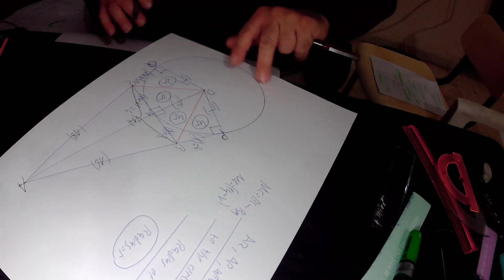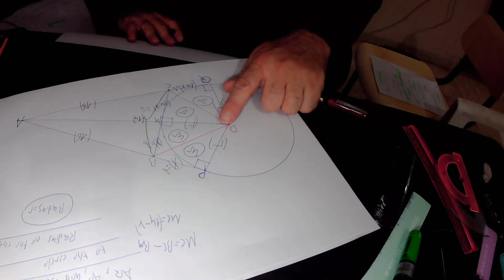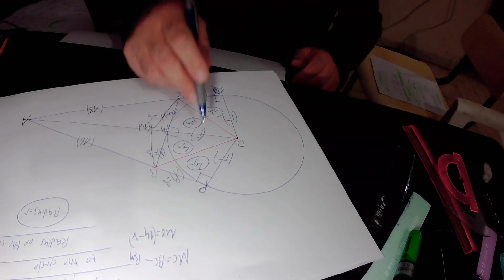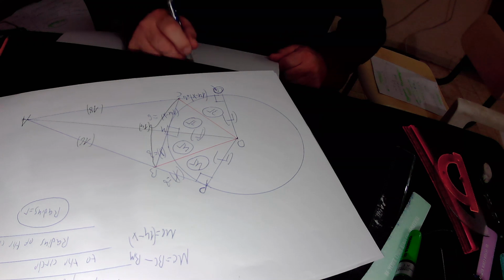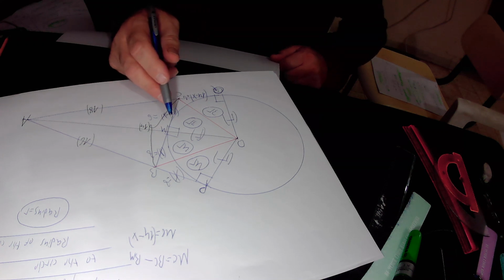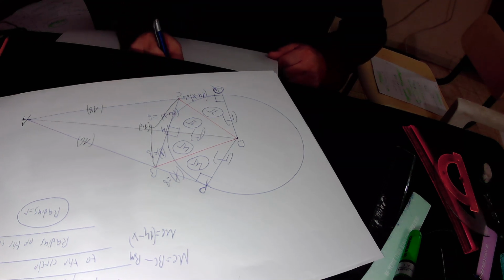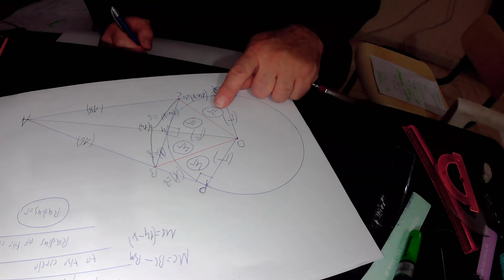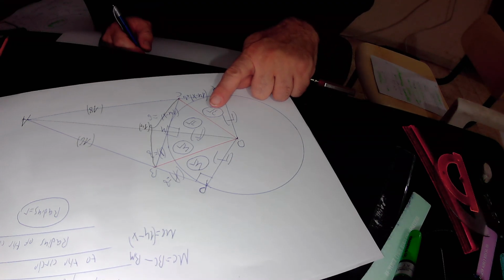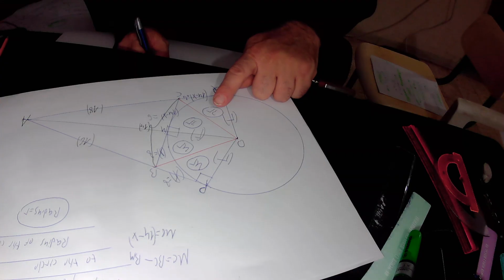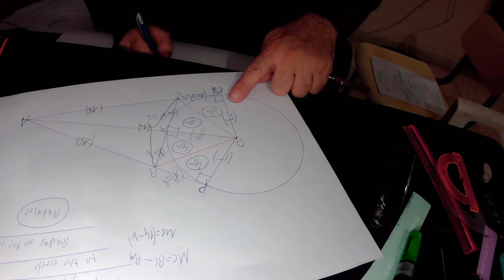Therefore, the area of all 4 triangles is equal to 4R, plus the area of this triangle OMB, which is also 4R, plus the area of this triangle OCM, that is 3R, plus the area of this triangle OQC, that is 3R.